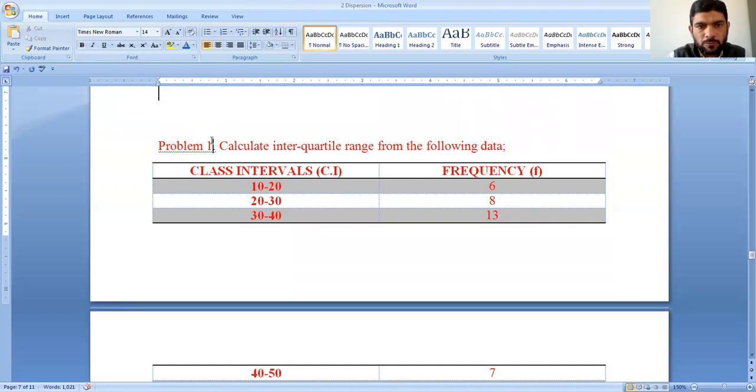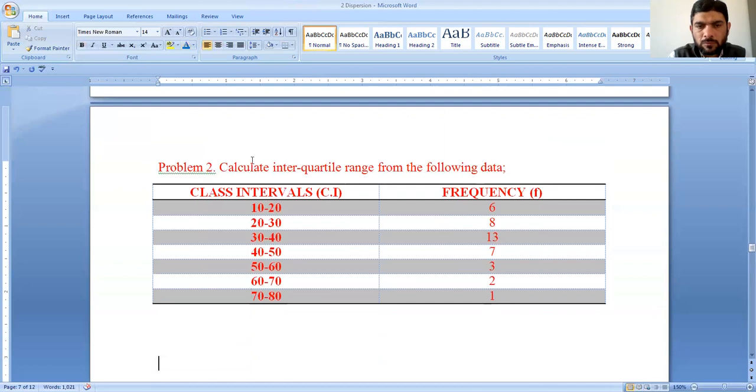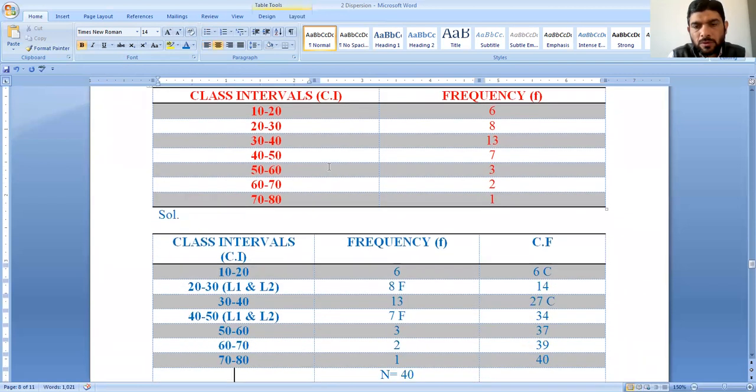Now what we have to do, we have to find out percentile range from the following data, and again we have to arrange this data into cumulative frequency.